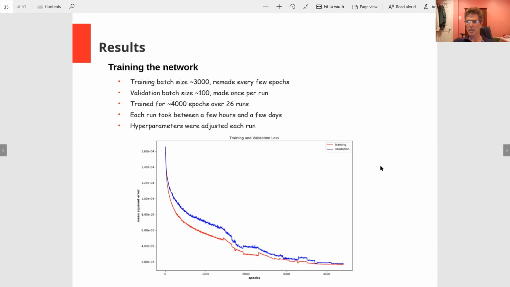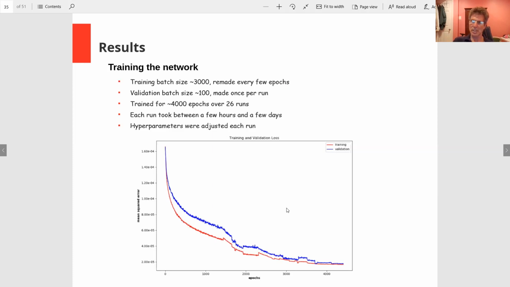And that's an indication that the network is training and generalizing. And actually, if you look at the red here, I said that I'm swapping in new data every few epochs. So even just the fact that the training curve is decreasing is an indication that it's generalizing, because every few epochs I'm swapping out all the data and swapping in new data, and it's continuing on its good learning curve.